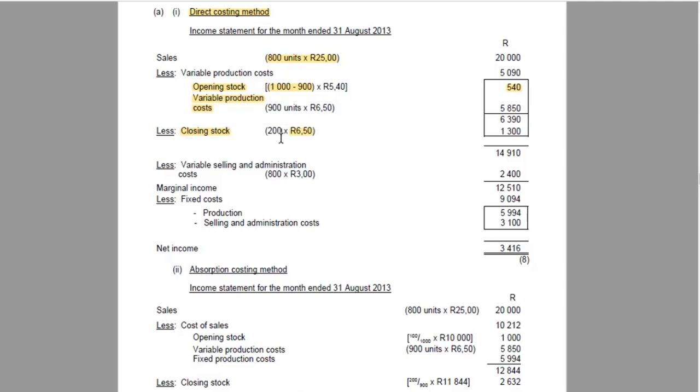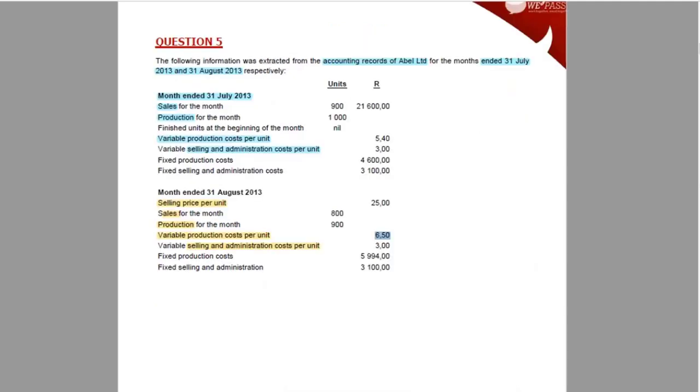What units are there for my closing stock? It's 200. You ask yourself, how much did we produce this month? What was our opening stock? Let's start here. I hope you guys can see my calculator. So you start by saying, what is the first stock that I will probably sell?